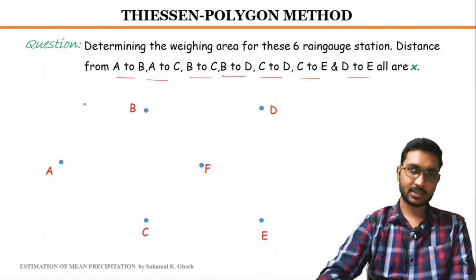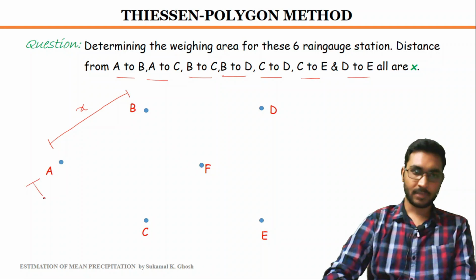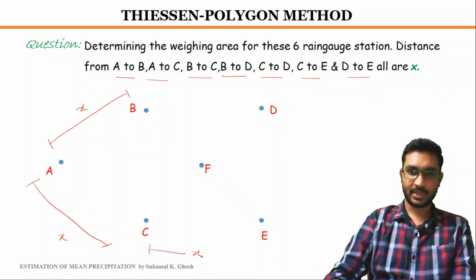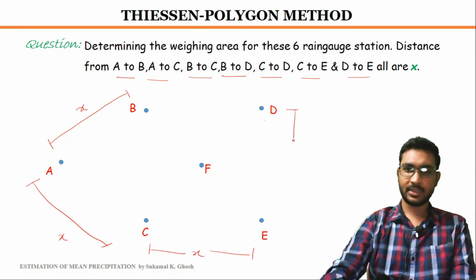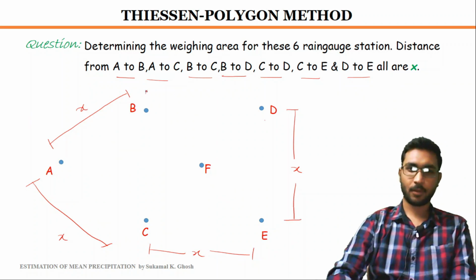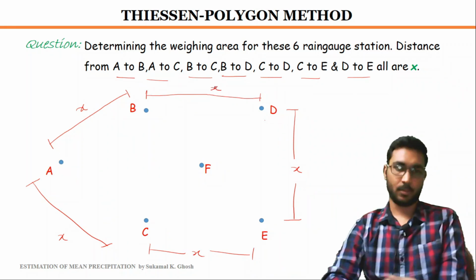It means that from A to B it is x, from A to C it is also x, from C to E it is also x, from D to E it is also x, and from B to D it is also x. So this is given in the problem.